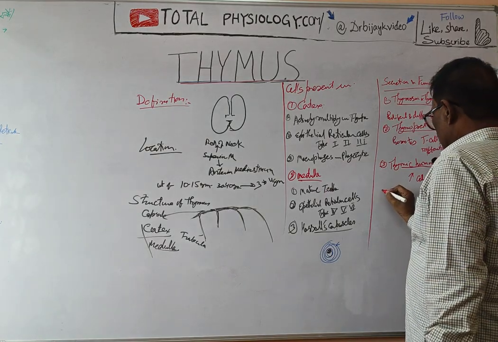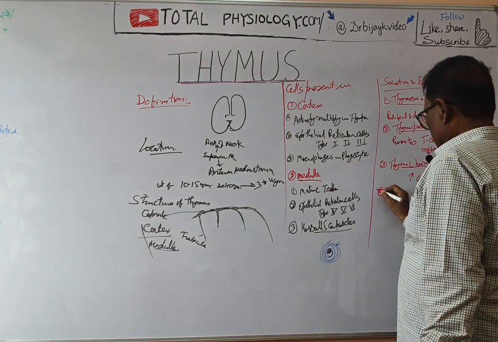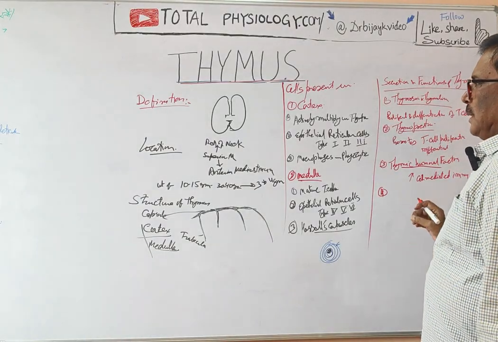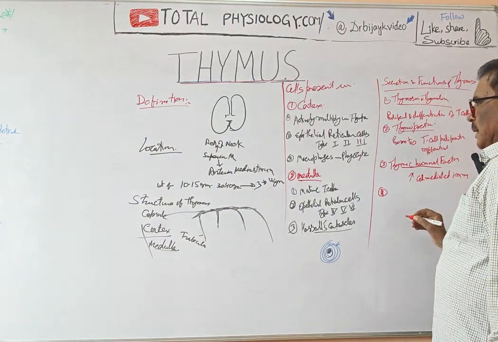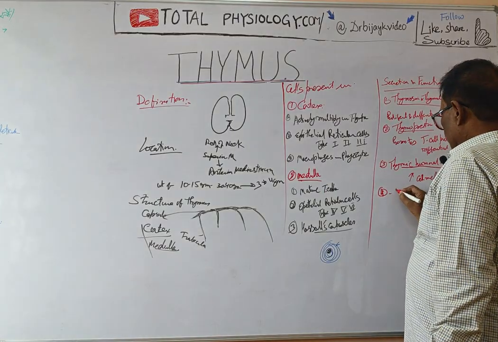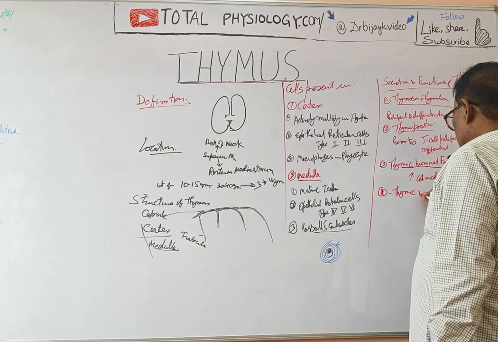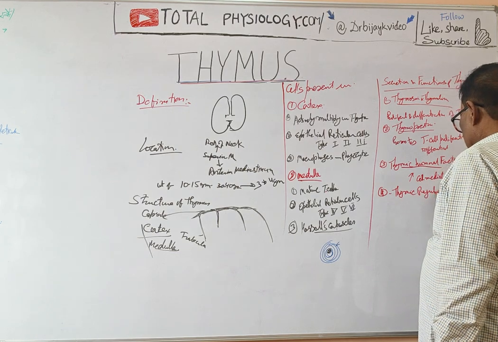And fourth is very peculiar, and that is secreted from Hassall's corpuscle: thymic regulatory factor.